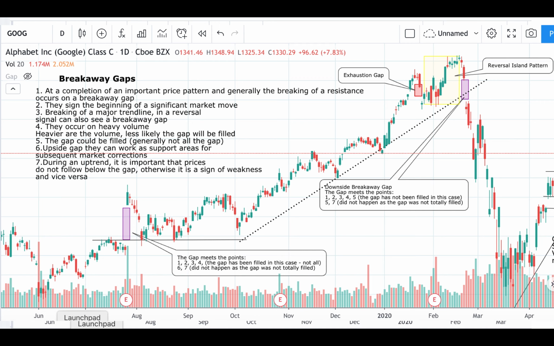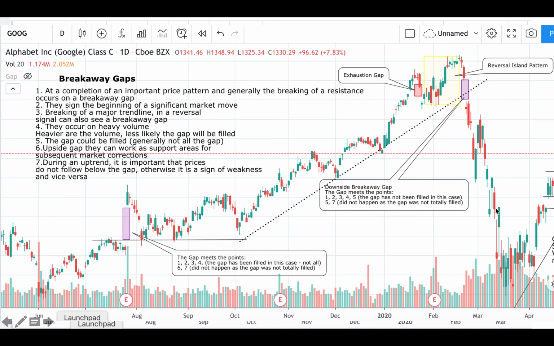So that's why it's important, because those gaps just add information on the price movement, and we need to take advantage of that information to predict the future prices. Those gaps generally happen with high volume. In fact, there is high volume there, and they signal the beginning of a significant market movement.